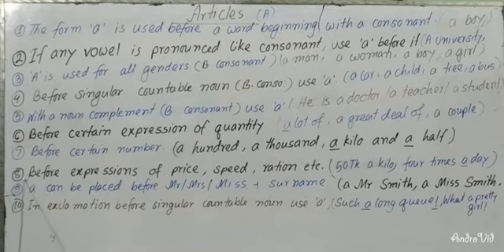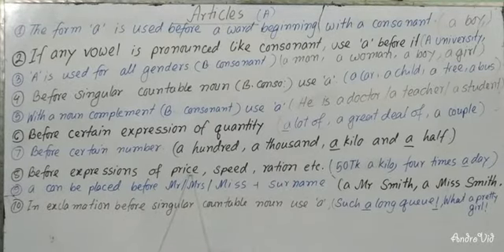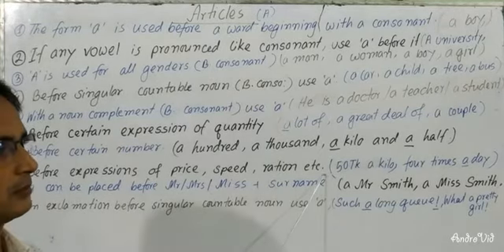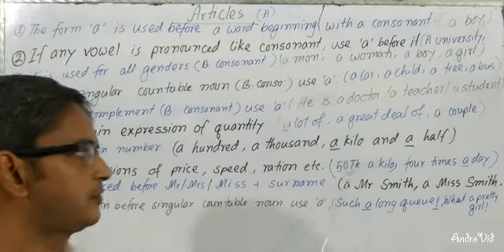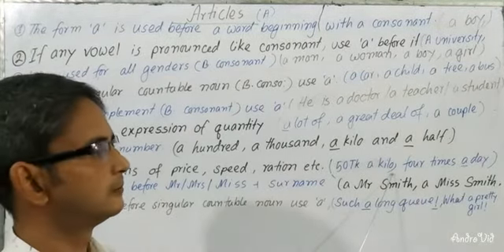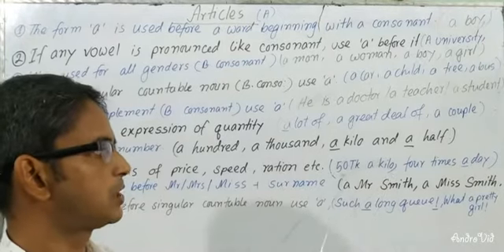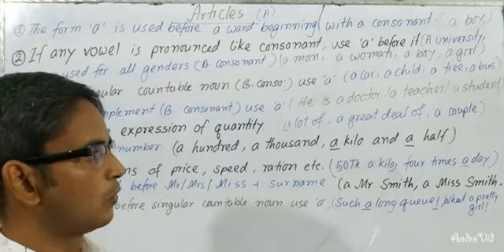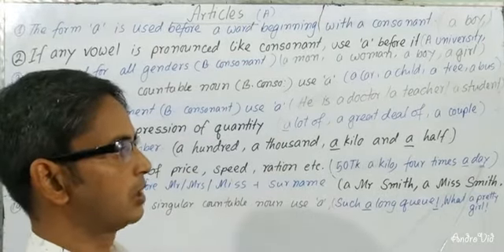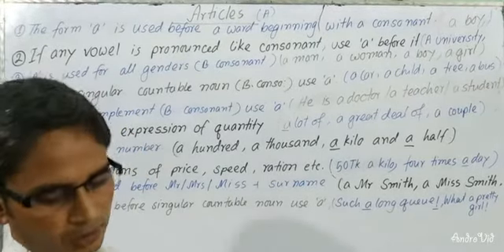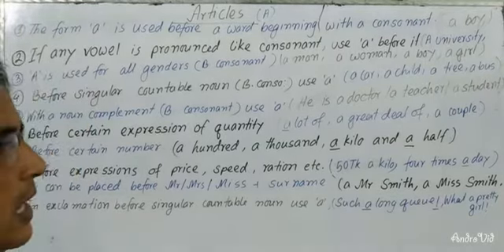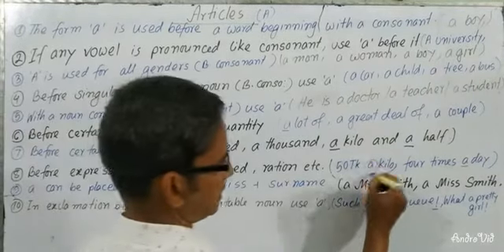And number 8, before expressions of price, speed, ratios, etc., we use article a. Like 50 taka a kilo, 4 times a day. You can see here a kilo, a day. I have used article a here.